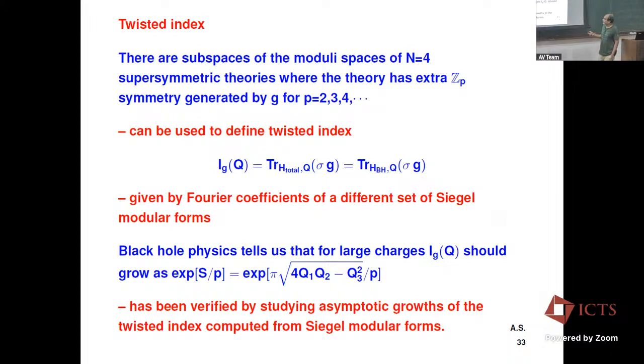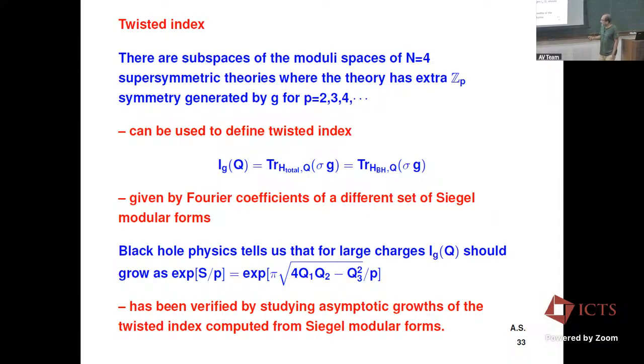And so one can define what is called the twisted index, where you take the same kind of trace, except that you also insert the generator of the Z_P group, g. And it turns out that this also can be counted in the weak coupling region. And this is given by Fourier expansion coefficients of a different set of Siegel modular forms. Not the ones that we started with, that count the original index, but a different set of Siegel modular forms.